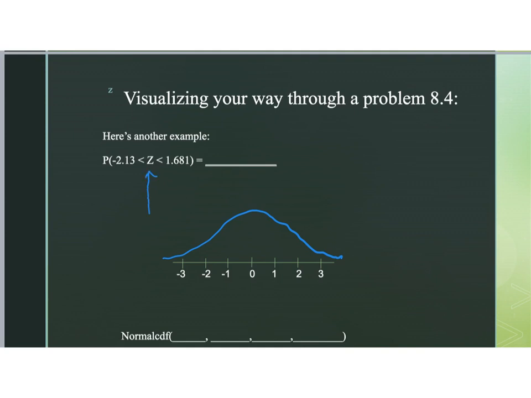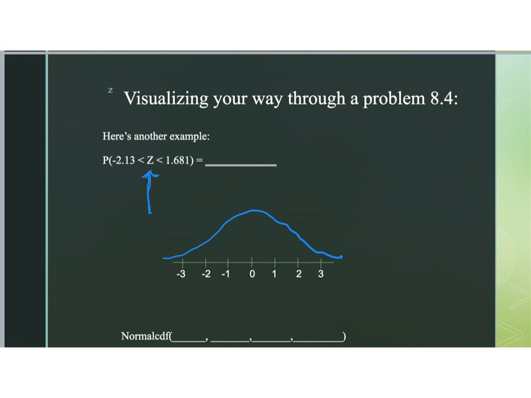Read straight from left to right, we would say negative 2.13 is less than z, which also is less than 1.681. But probably an easier way for you to read this, notice that z is written in the middle, is to read it as z is less than 1.681 and greater than negative 2.13.